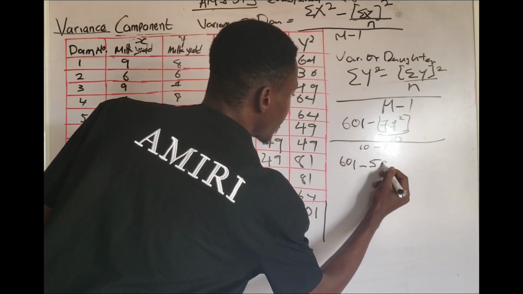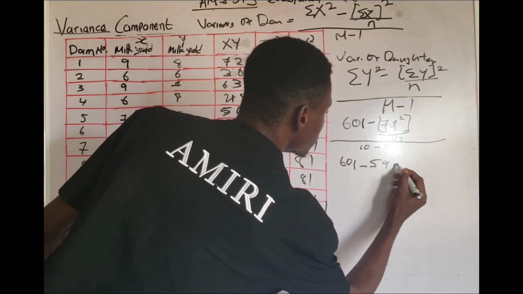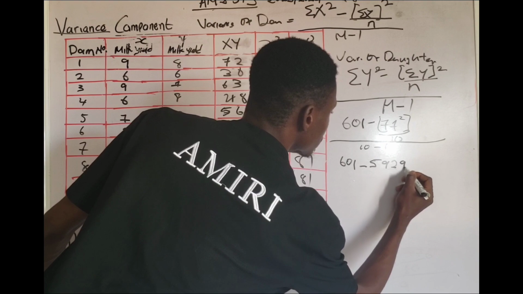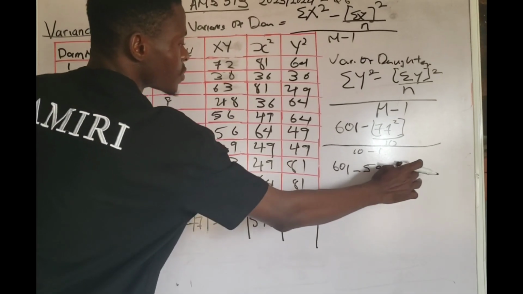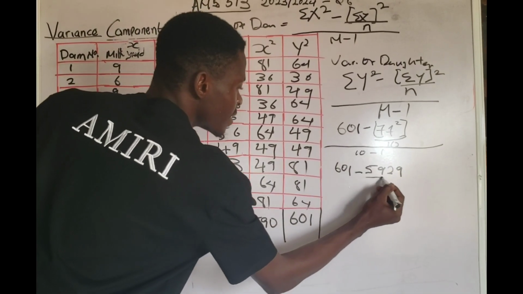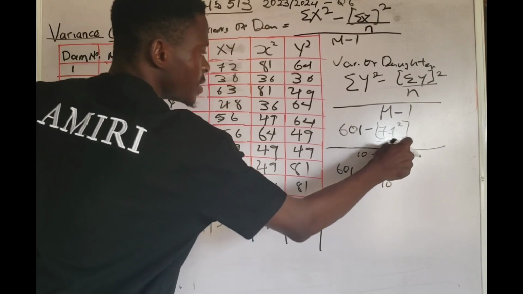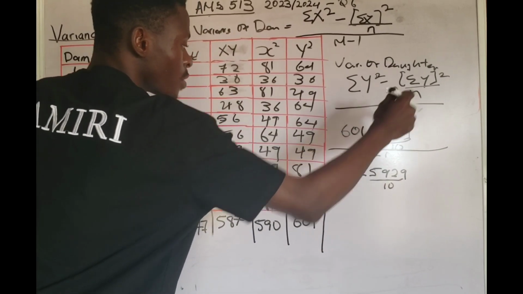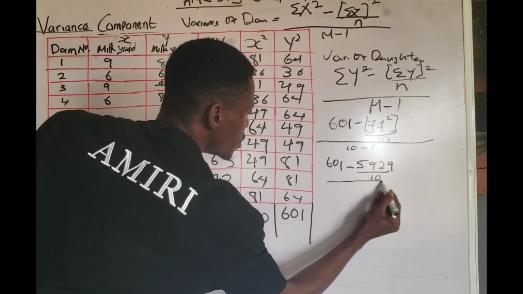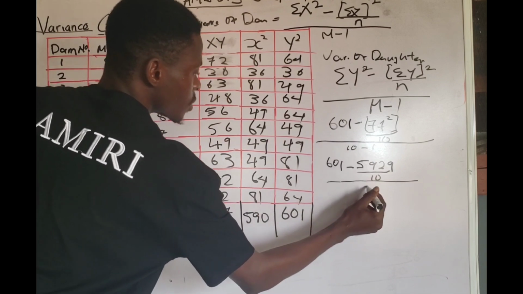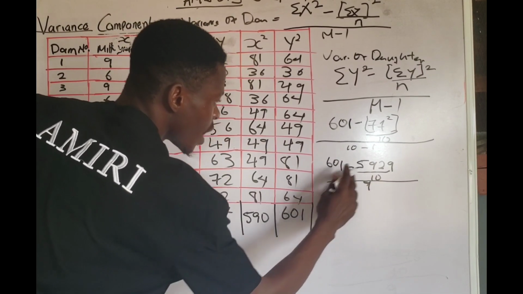77 squared is 5,929. Divided by 10. Don't forget the 10 belongs to 77 squared. Then 10 minus 1 is 9.